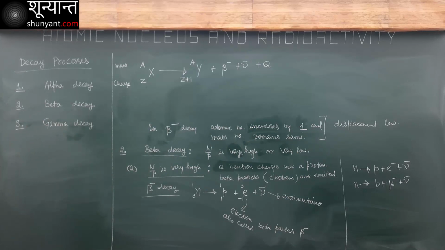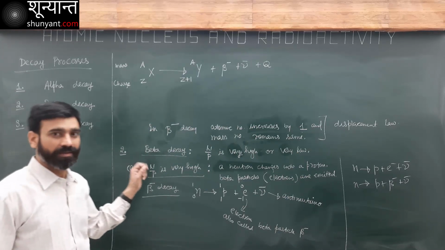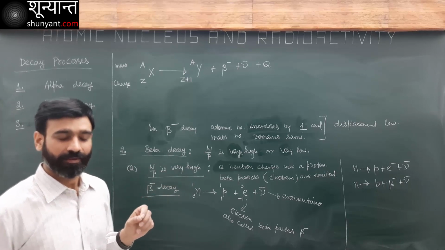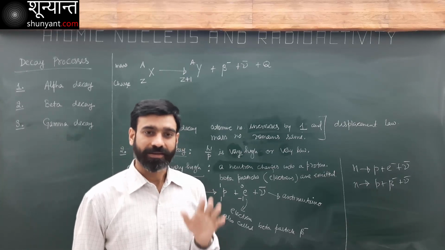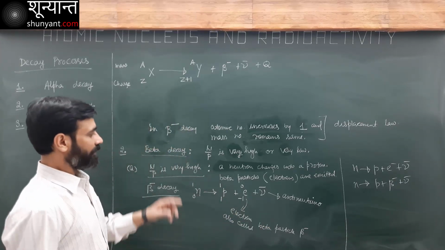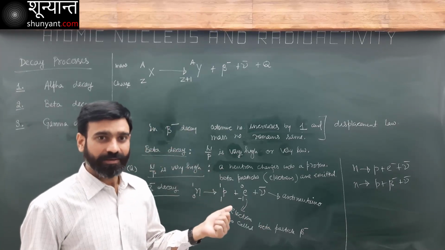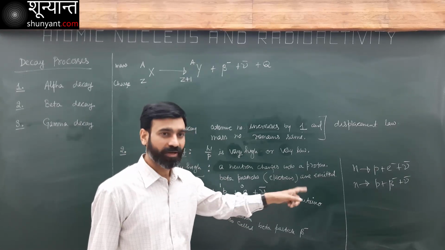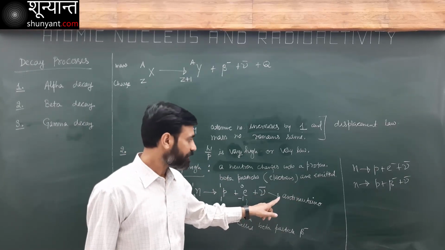What is this? This is negative beta decay. What are negative beta particles? Electrons. Electrons are negative beta particles. What other particle is emitted along with negative beta? It is known as the antineutrino.